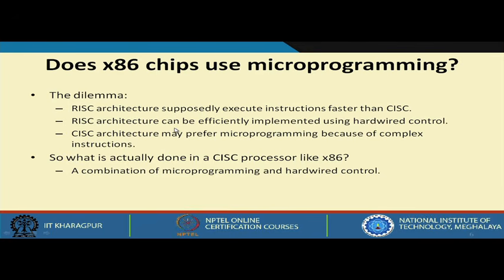So, towards the beginning of the class you have seen that the RISC architectures provide you with an implementation which on the average runs faster than an equivalent CISC architecture platform. So, a program will run faster on a RISC architecture as compared to CISC architecture.